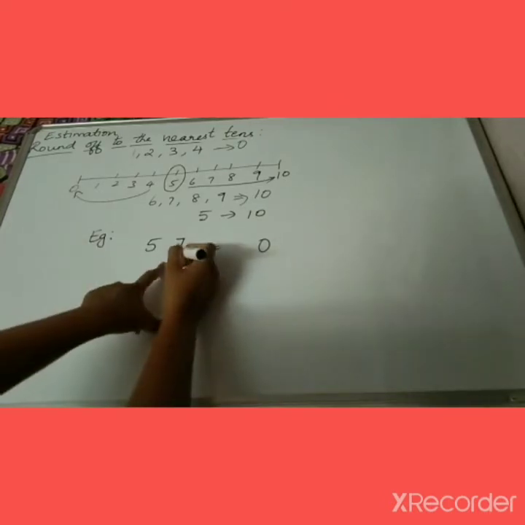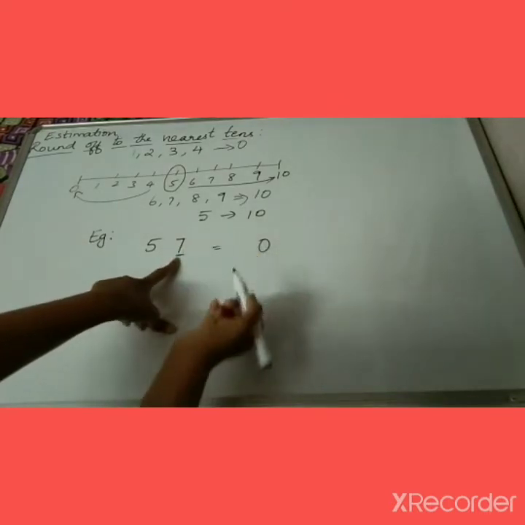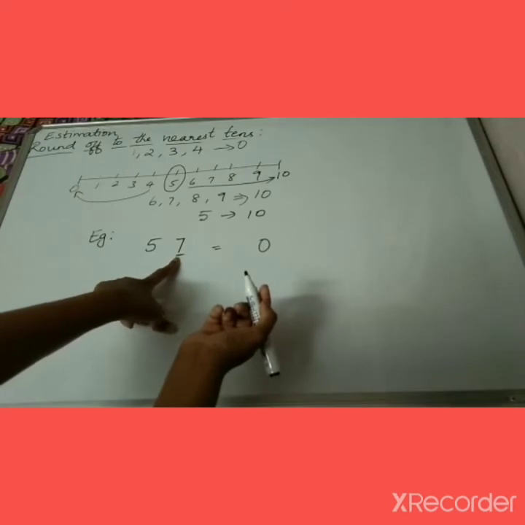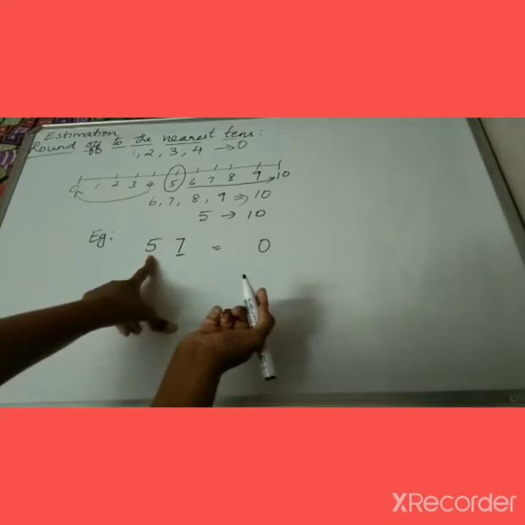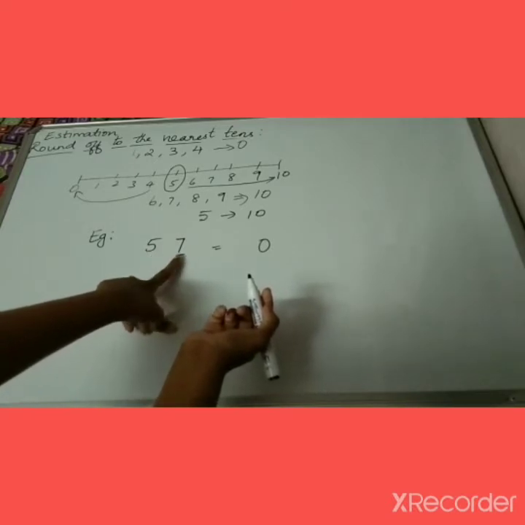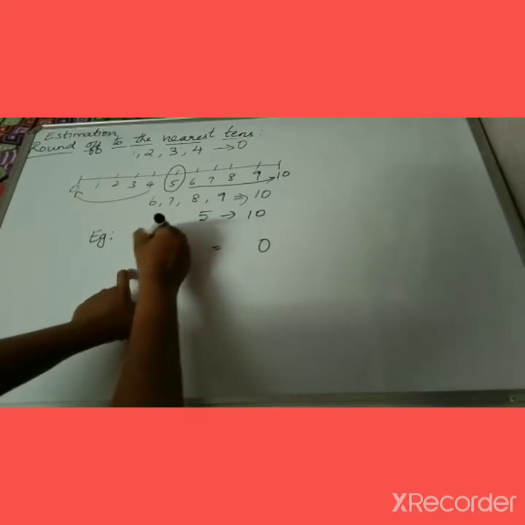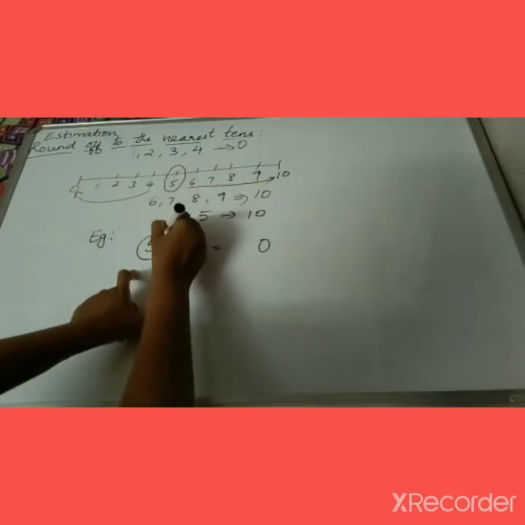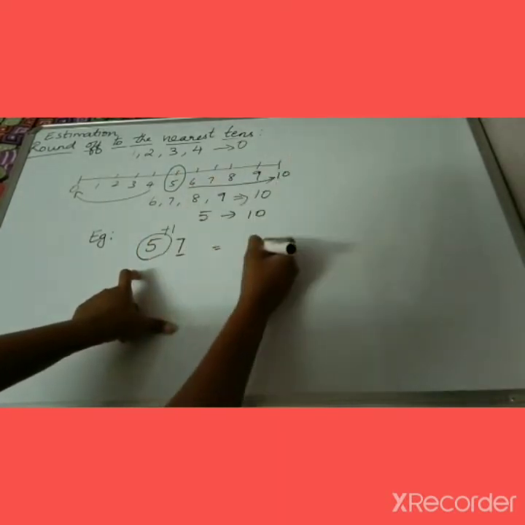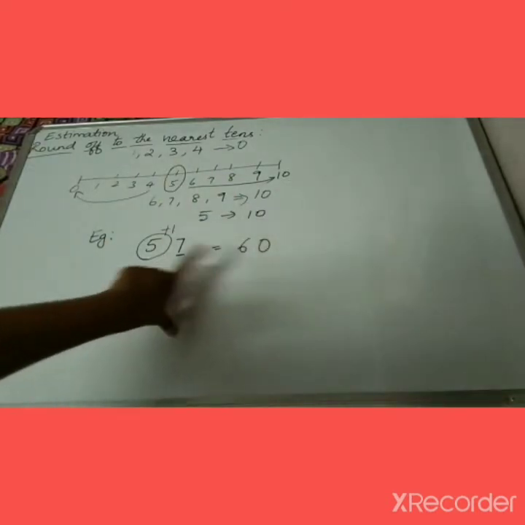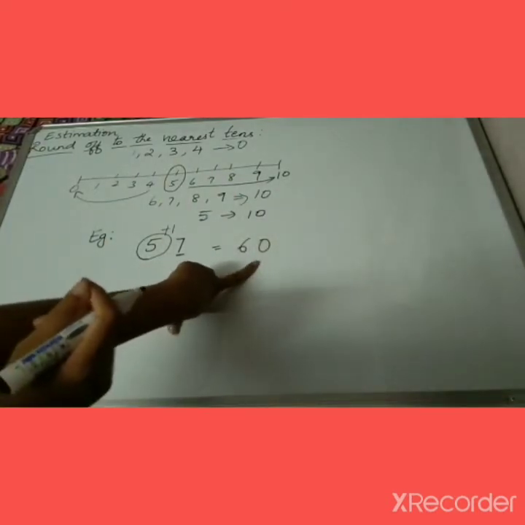If the ones place number is 5 or greater than 5, then you add 1 to the previous number. Clear? The previous number here is 5. So when you add 1 to this 5, you get 6. So your answer is 60.